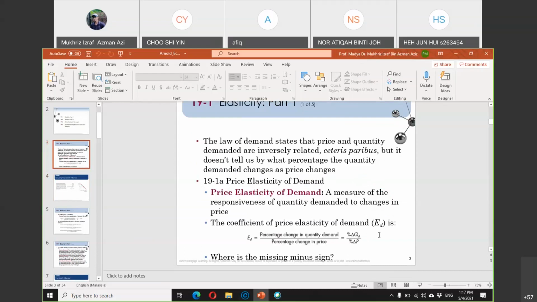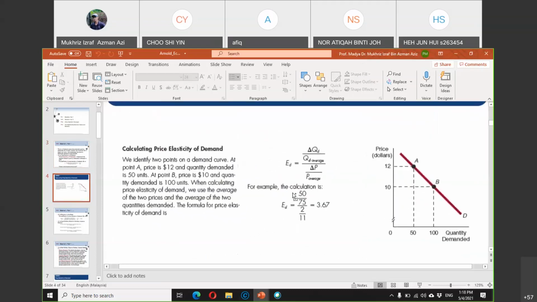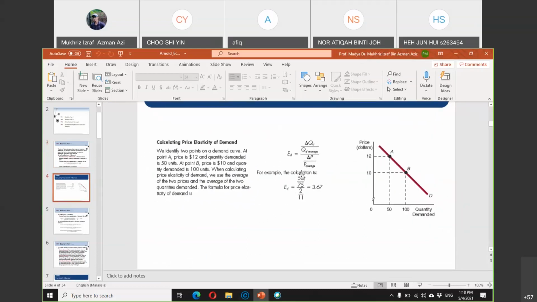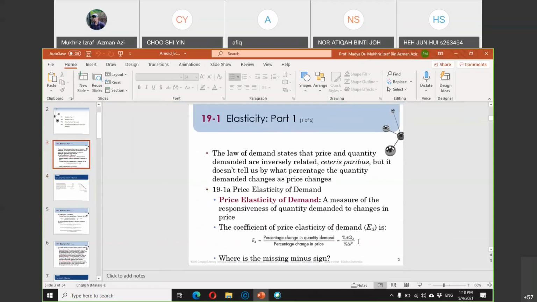At this level, for principles of economics, we're going to use the average formula, as you can see from the next slide, but the general formula is percentage change in QD divided by percentage change in price. So this is the general guideline for how to calculate elasticity of demand.